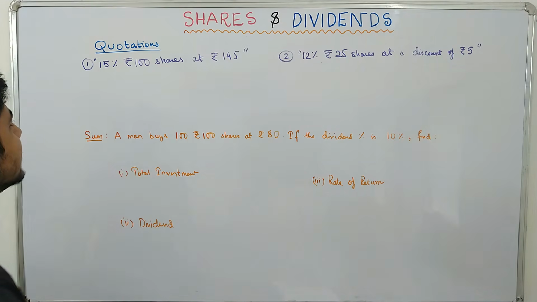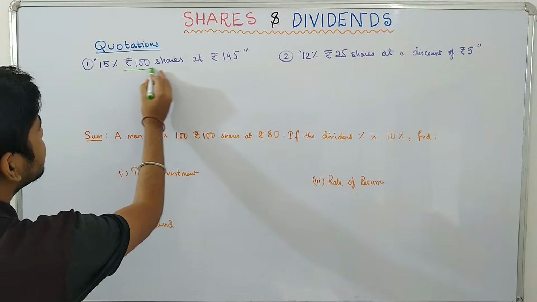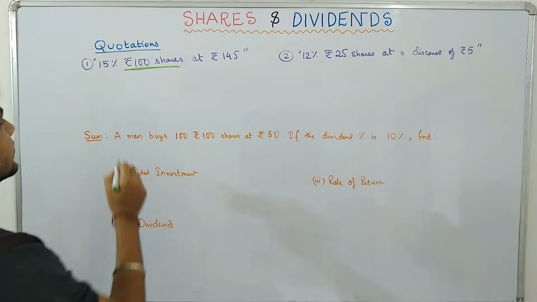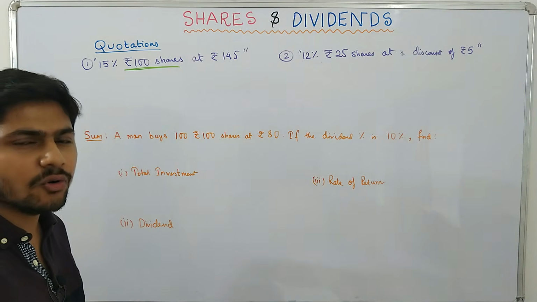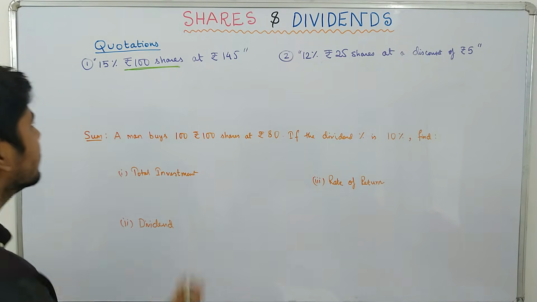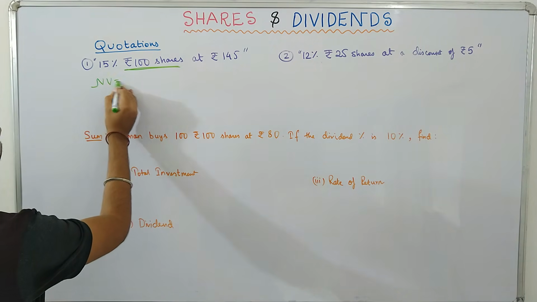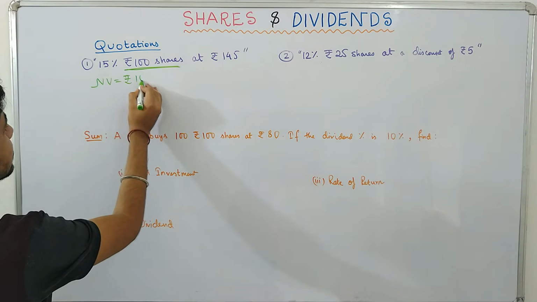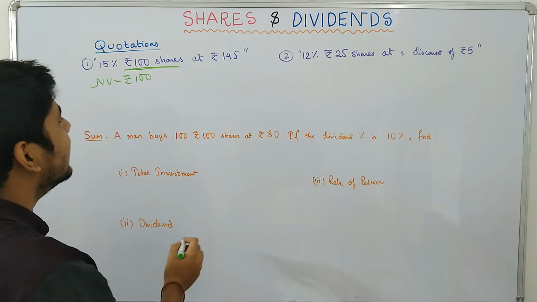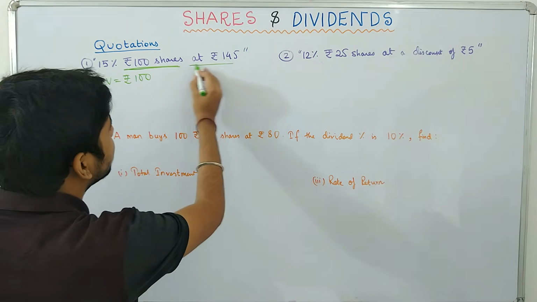First of all, let's check out rupees 100 shares. This gives us the nominal value or the face value of the shares. So rupees 100 shares means that the nominal value of one share is equal to rupees 100. Then we have at rupees 145.